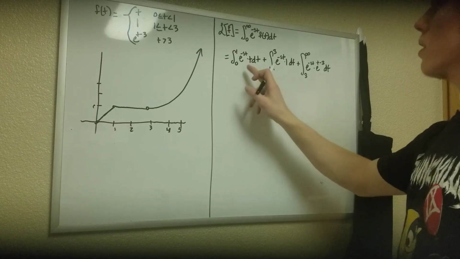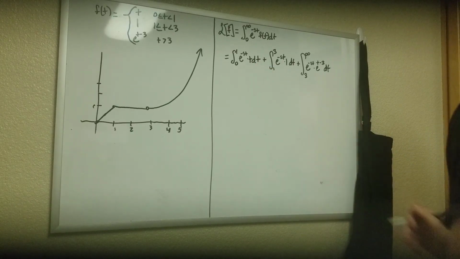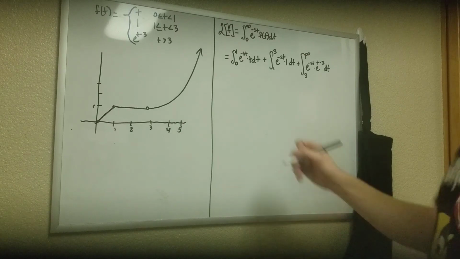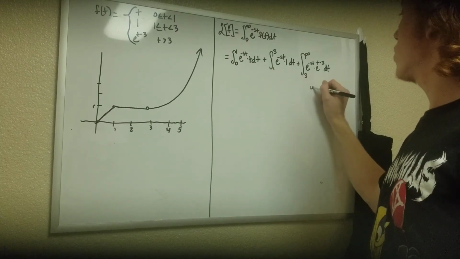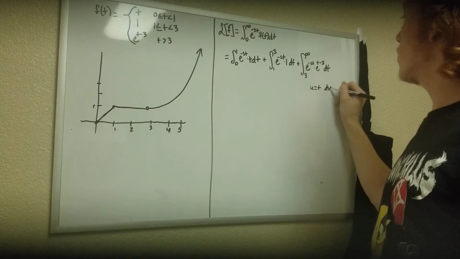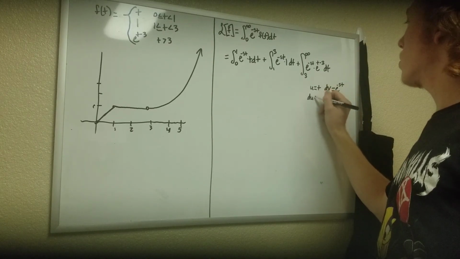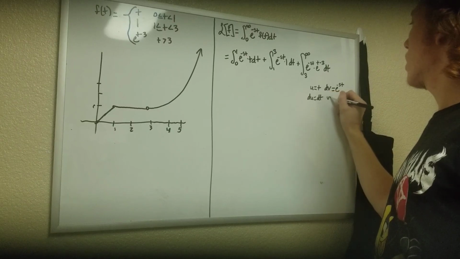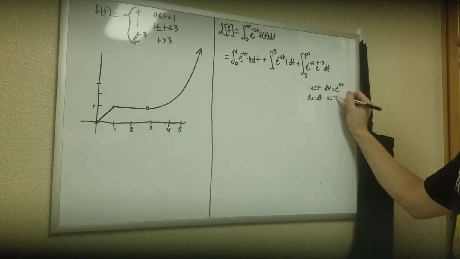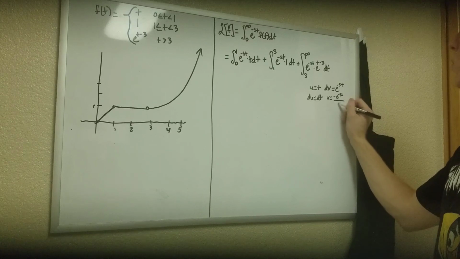As for this one, we've got to do a little bit of integration by parts. For that, we let u equal t and dv equal e to the negative st dt. Then du is dt, and v is negative e to the negative st over s.